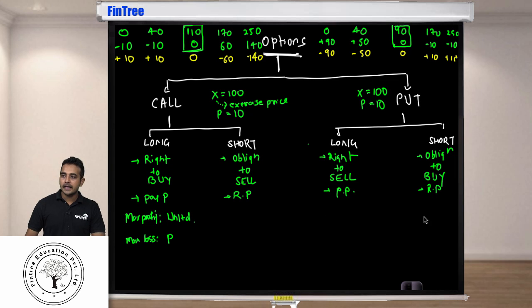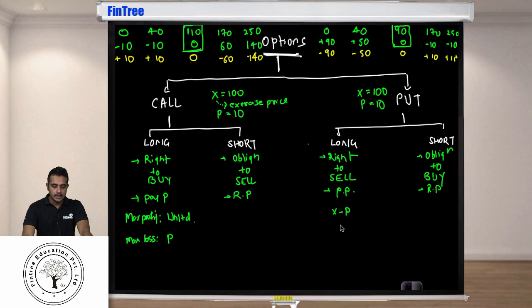When you're on the put side, when are you making profit? When the prices are going up or going down? Going down. So prices can go down up to 0. So a 0 worth of asset you will sell for X. So X is your payoff, but you paid premium P. So X minus P is your profit. So maximum profit is X minus P. How about maximum loss?